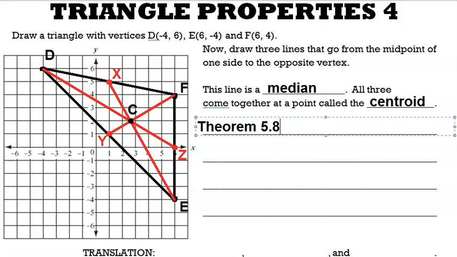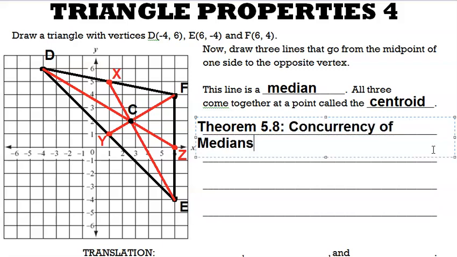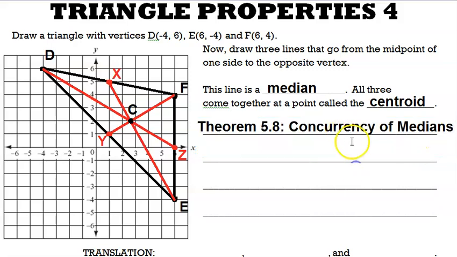There is a rule that applies to this. And this particular rule, it's a little long, but I don't think you'll have too much trouble with it. There's actually a couple of different ways to look at it. So I'll write it out for you, and then we will talk about what it means.